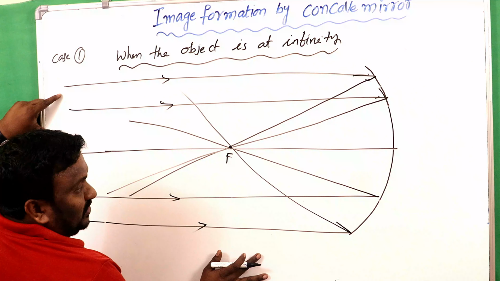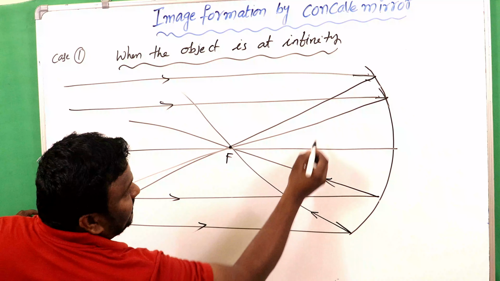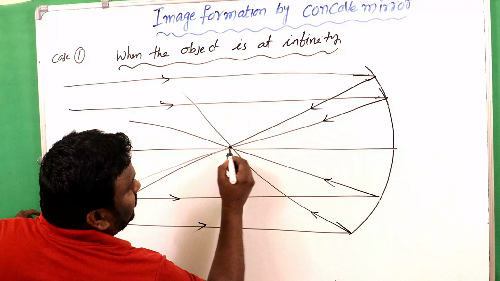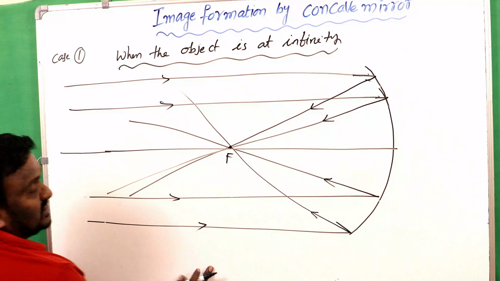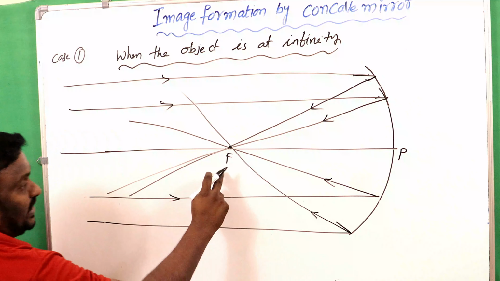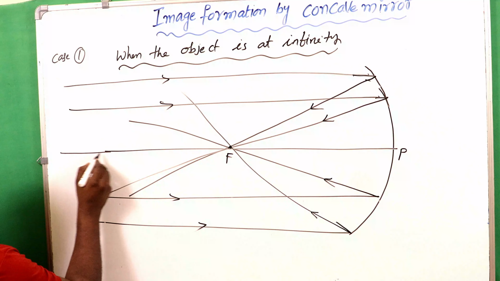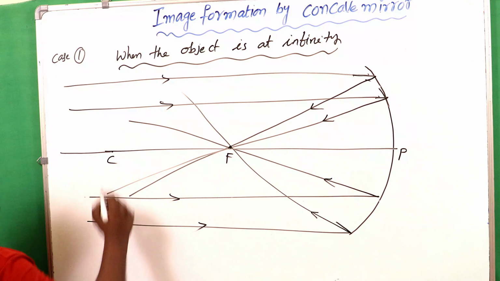That point is what we call the focus. So all these are the reflected rays. These reflected rays meet at one point on the principal axis, that is the focus. This is the pole and this is the focus, and this point is the center of curvature.